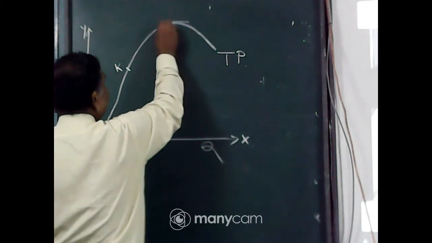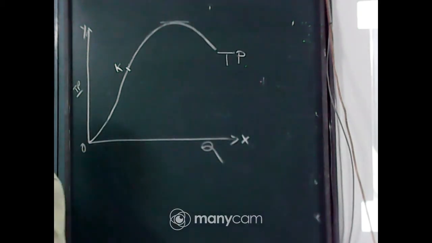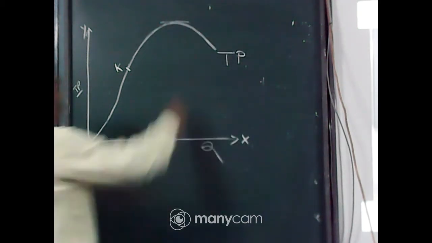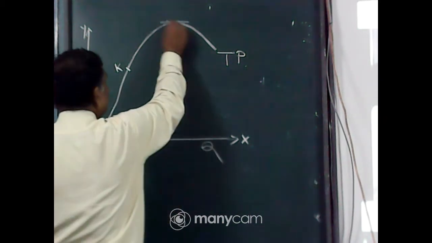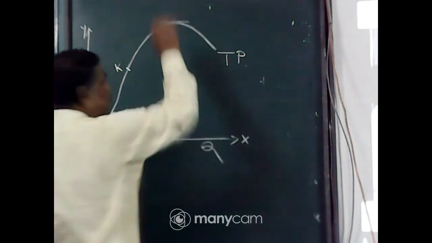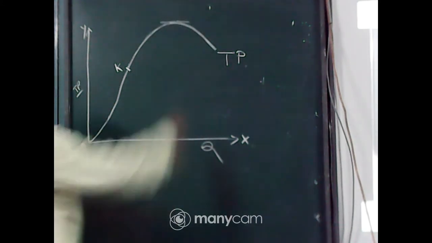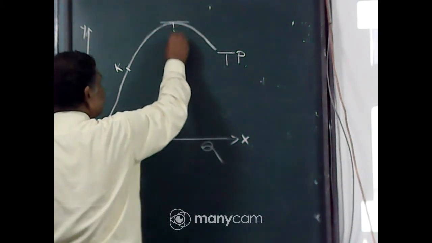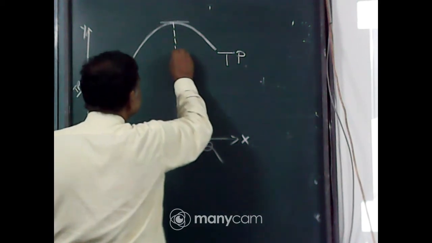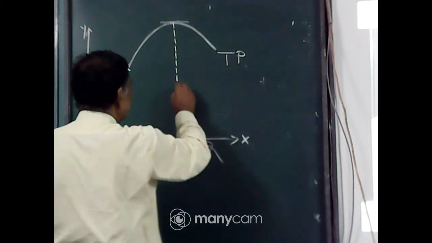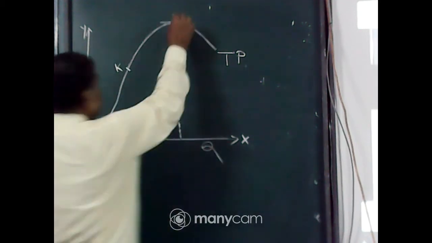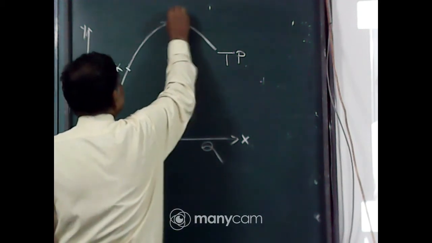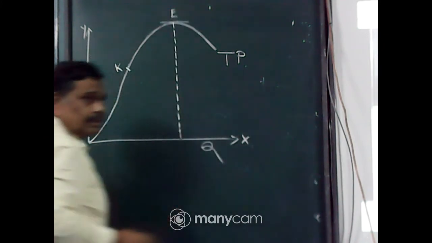And if you draw a tangent on the TP curve, and if it is parallel to the horizontal axis, then it is the top point of TP curve. You just join this point, suppose E.